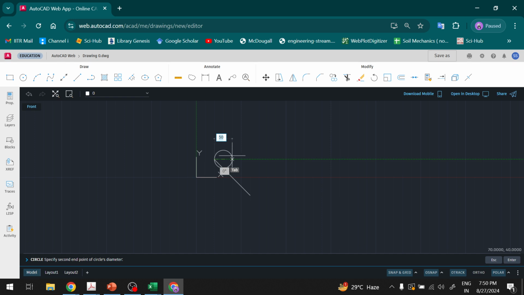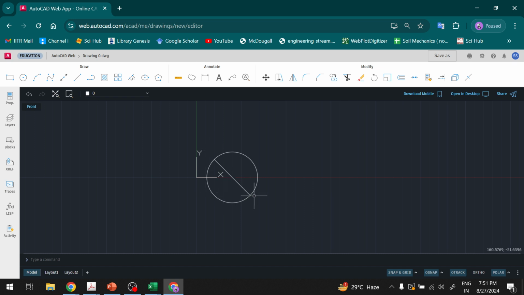My mouse is lagging, I'm sorry. This will be the second endpoint of the circle's diameter. So this is a Mohr circle. Okay, this will be our Mohr circle.